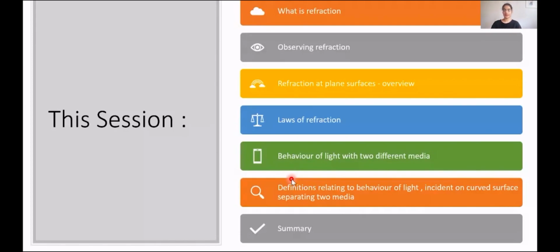And then we will make a summary of what we studied in this session. So this session is a reminder of what refraction is, what our laws are, and how we observe refraction in our daily life. So let's begin.